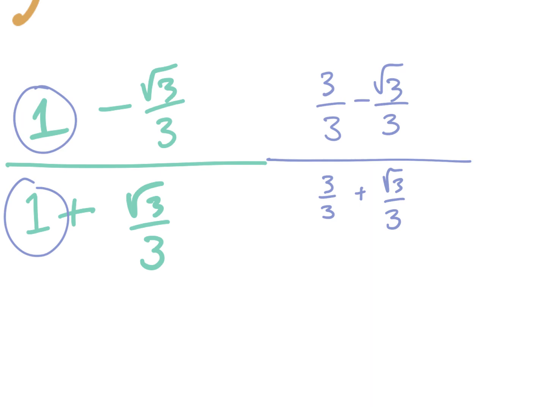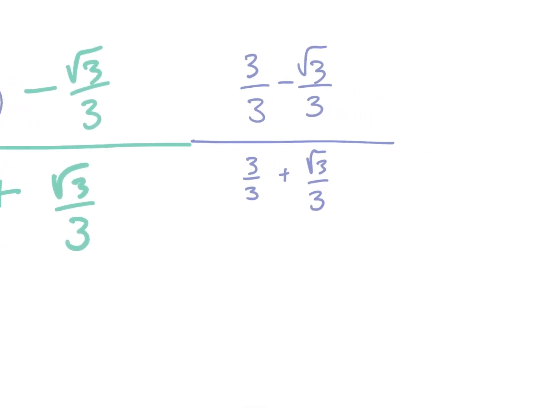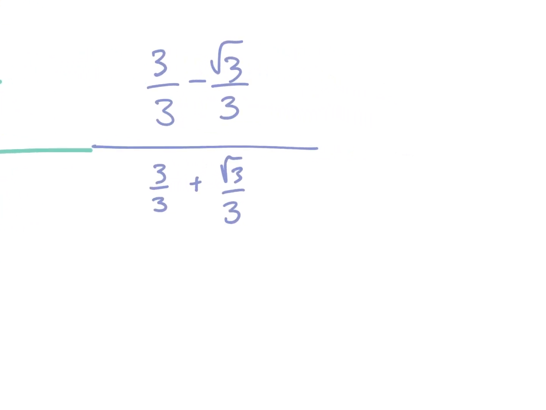All right, I'm going to write out some extra steps, but I'm hoping you guys are going to be able to get to the point where you don't have to do all of these extra steps, and you can go from this step to this next step in just a second. This gives us 3 minus root 3 over 3 all over 3 plus root 3 over 3. So just watch this part. If you feel like you need to write it, then please do.